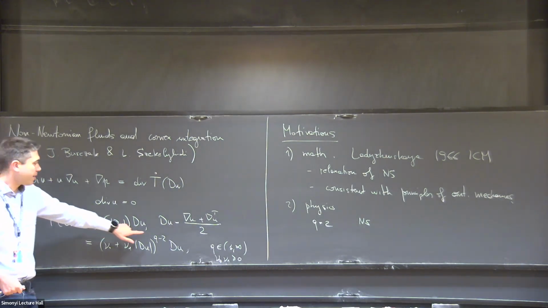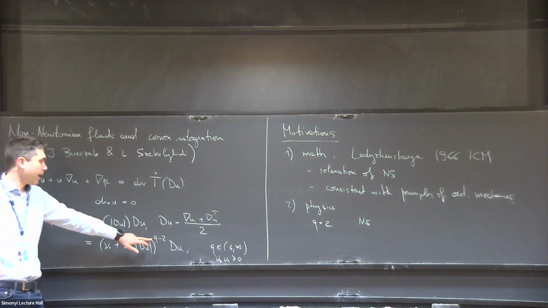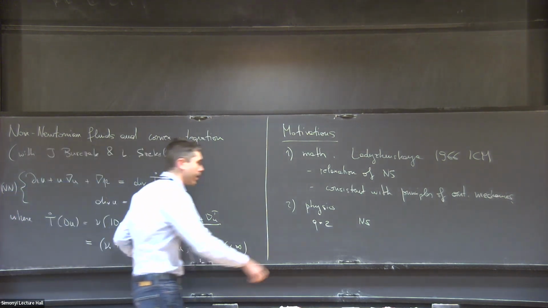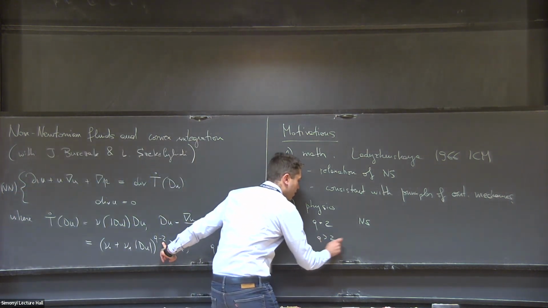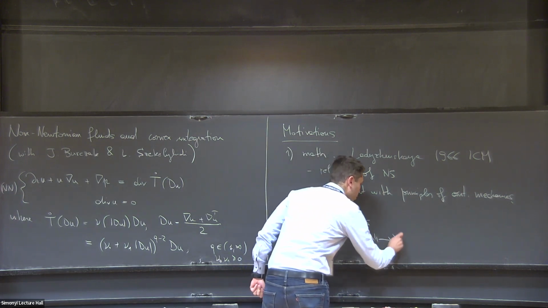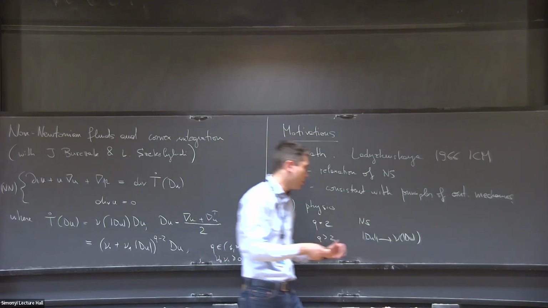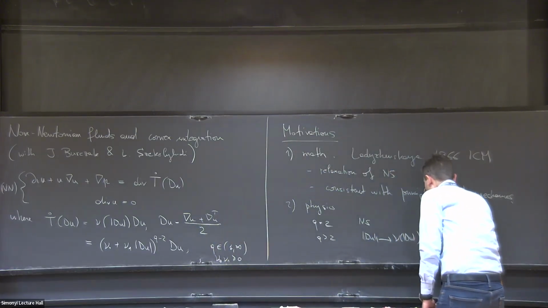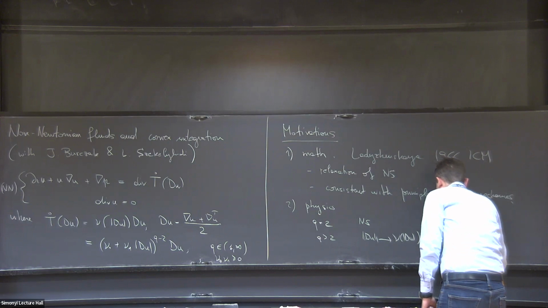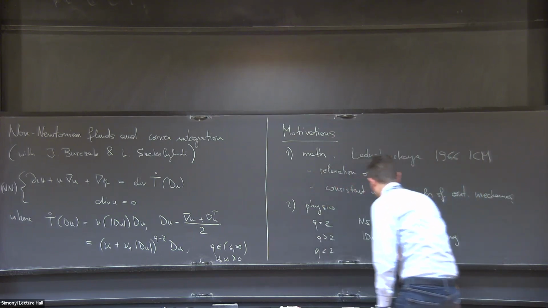And there are, in particular, two big classes. The class when q is bigger than 2: in this case, this function nu of |Du|, which is just a real-valued function of a real variable, is increasing. Whereas in the case q less than 2, this is a decreasing function.